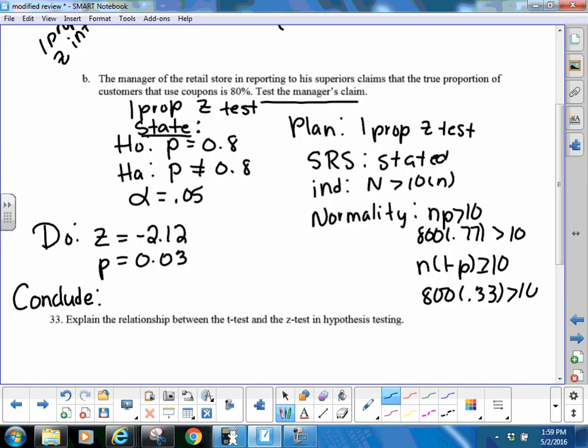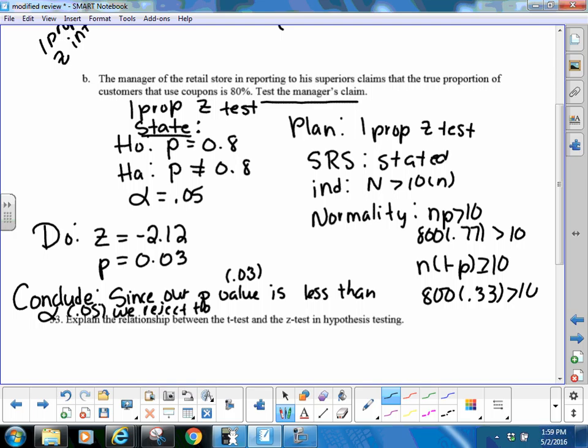Since the p-value is less than our level of significance, we reject. There is evidence that the proportion of people that use coupons is not equal.